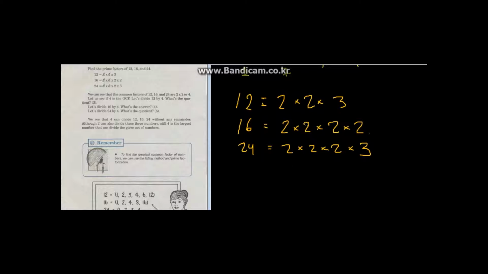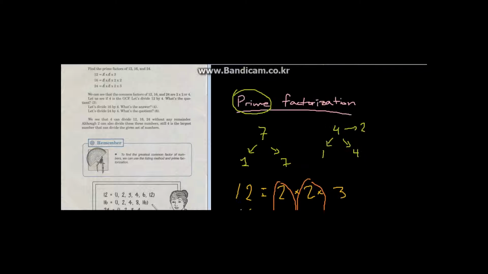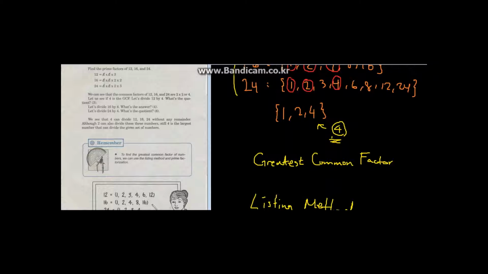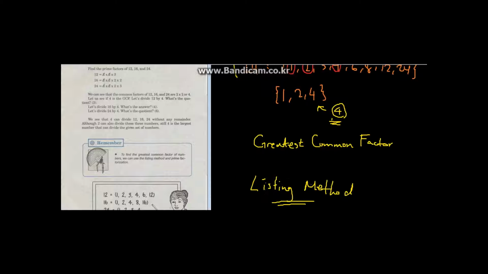So what are the common prime factors? It is 2 and 2. So basically the greatest common factor by using prime factorization is 2 times 2, which is 4. The 4 is the greatest common factor, which is the same number that we got previously using the listing method.